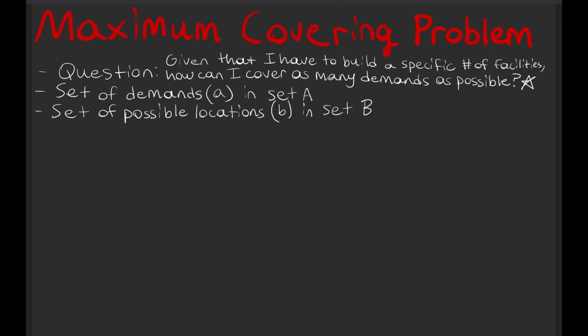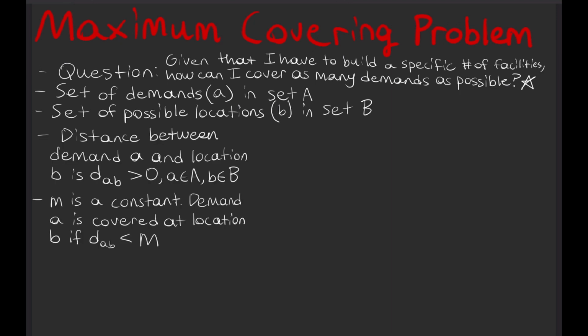So like in the previous problem, you have a set of demands A in set A. You have a set of possible locations B in set B. The distance between demand A and location B is DAB, which is greater than 0. A is an element of A, B is an element of B. M is a constant.